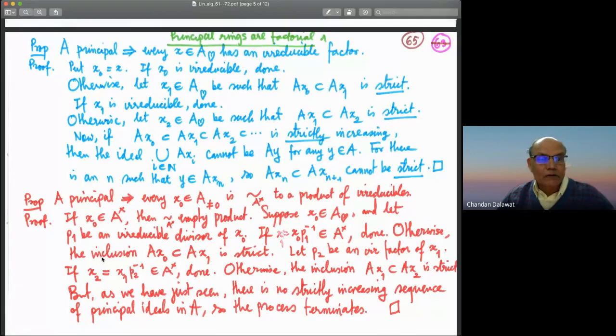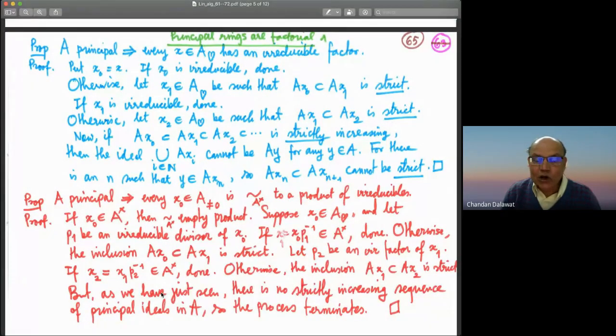Otherwise, this inclusion of A x naught in A x1 is going to be strict. So you repeat the argument which we had done here. This x1 will have an irreducible factor P2, and if P2 is a unit, we are done. Otherwise, we get this strict inclusion.